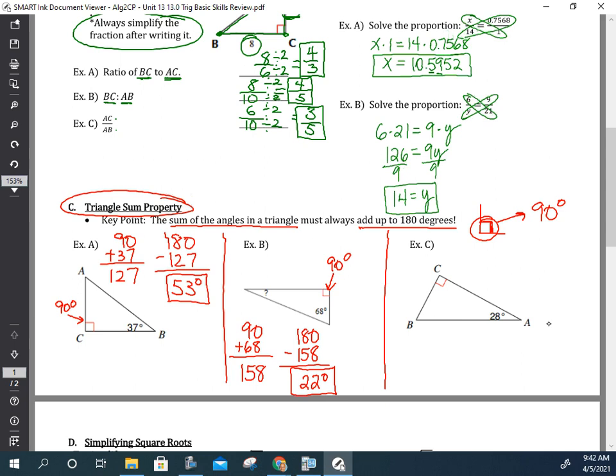Then example C. Again, there's your 90. And you're given 28. And 28 is 118. 180 minus 118. 62 degrees.